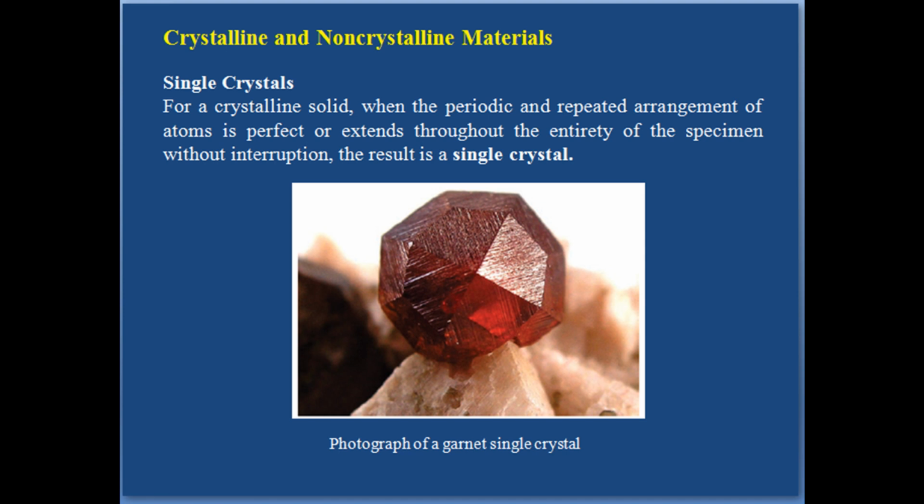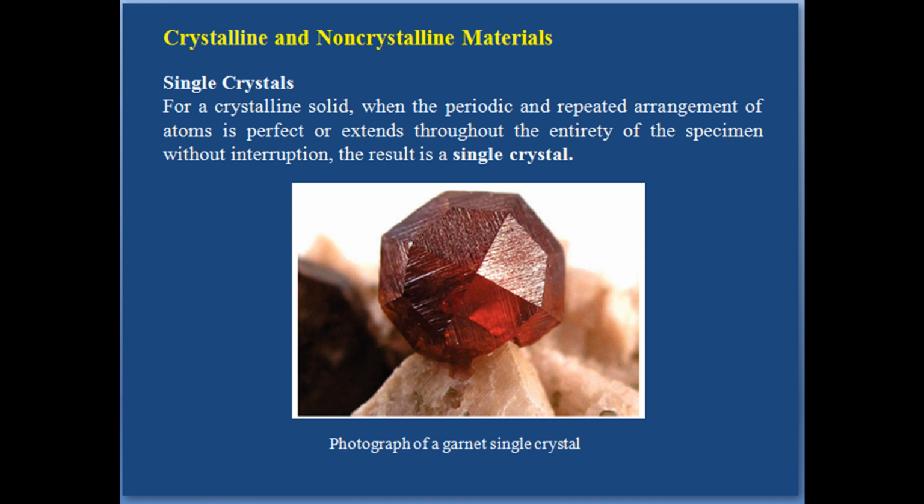The shape is indicative of crystal structure. A photograph of a garnet single crystal is shown in figure. Within the past few years, single crystals have become extremely important in many of our modern technologies, in particular electronic microcircuits, which employ single crystals of silicon and other semiconductors.